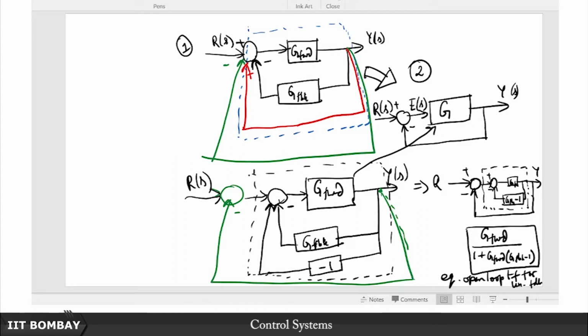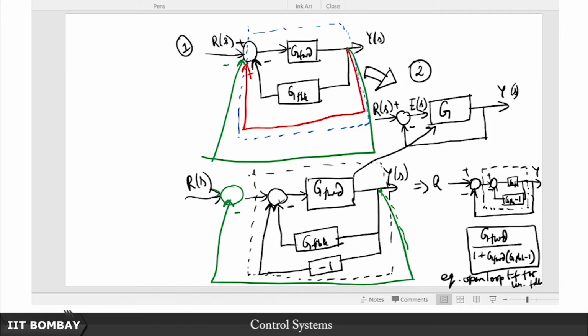Now remember, if someone gives you this plant along with this closed loop structure, which is typically not in this unity feedback loop structure, what do you do? How do you analyze these variables? How do you obtain the complementary sensitivity and all this? You do not go about just blindly taking R(s) minus G feedback times Y(s).